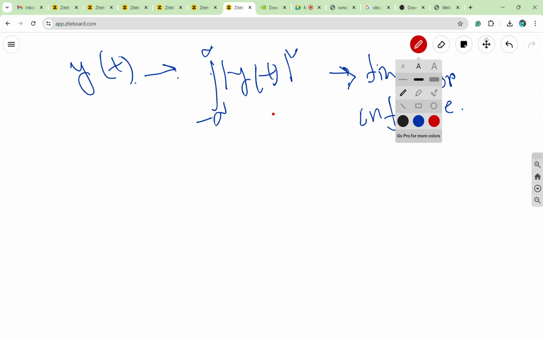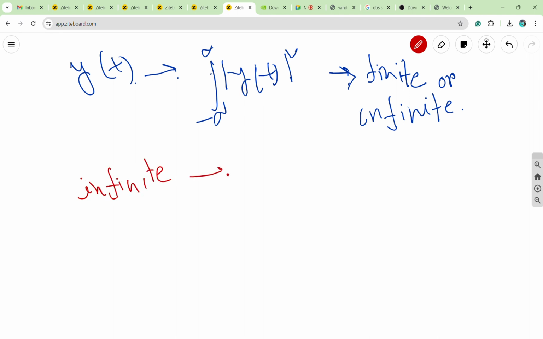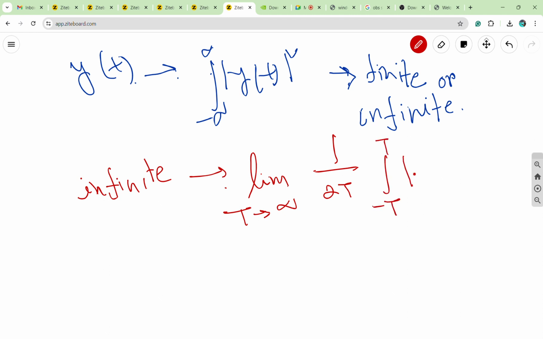If it is infinite, then you check its power. Again it comes whether it is finite or infinite.